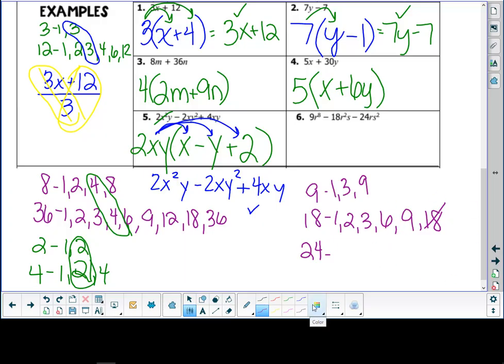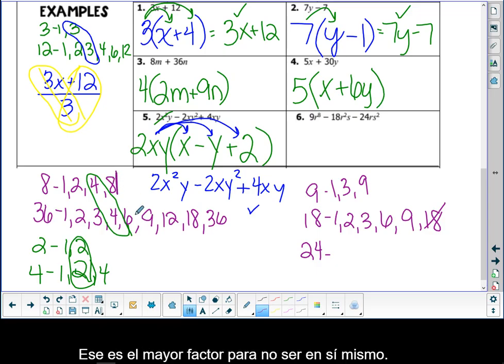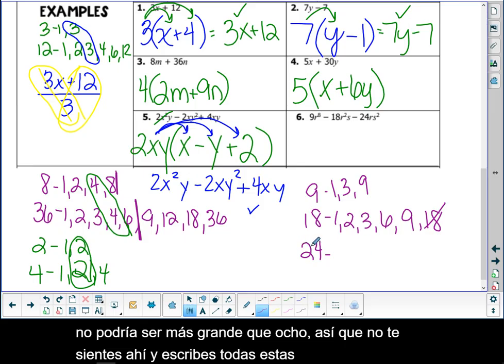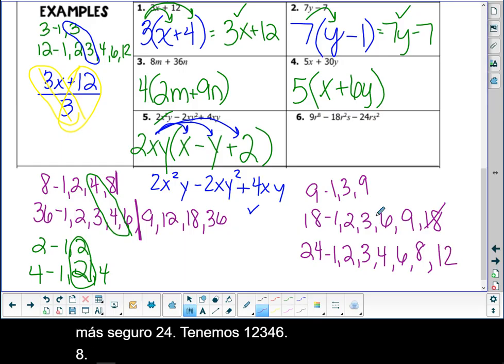So if you just kind of think about this, like here in this example, I should have known that I didn't have to go to 9 because it couldn't be bigger than 8. So don't sit there and write out all of this stuff if you know it can't go any further. So for 24, we've got 1, 2, 3, 4, 6, 8, 12. Well, I know it can't go past that, so I'm going to stop.